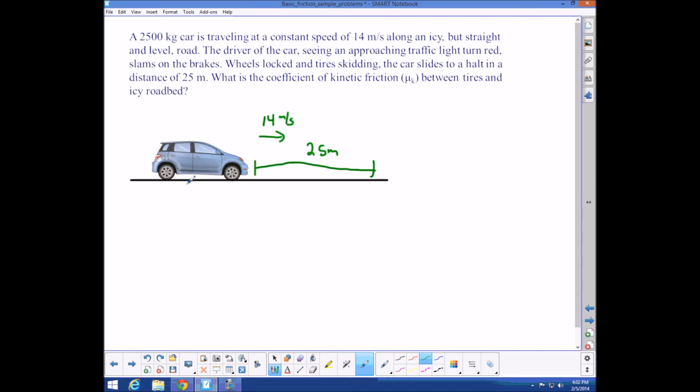So looking at this, there are three forces that are acting on the car. One force that's acting on the car is the downward force of gravity. So it's 2,500 kilograms times 9.8 meters per second squared. So we multiply those together, we get 24,500 newtons.